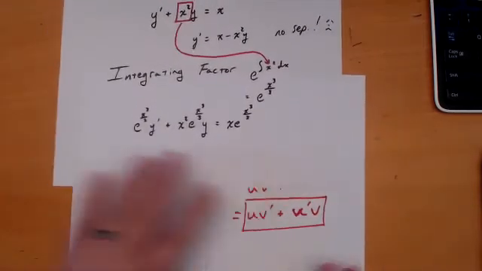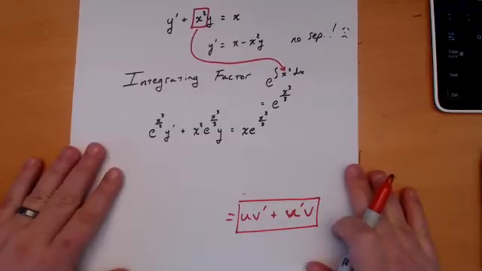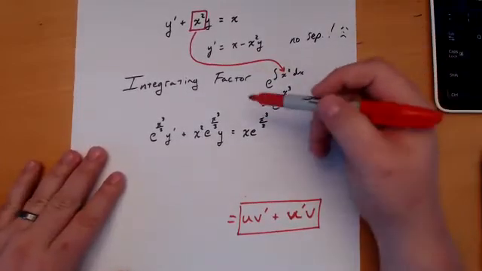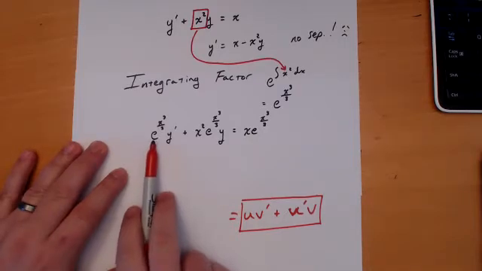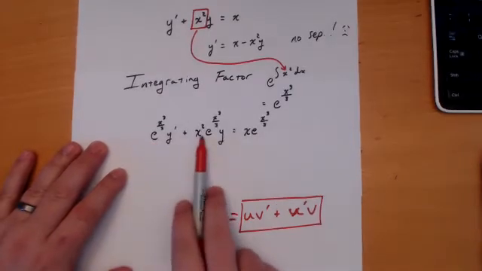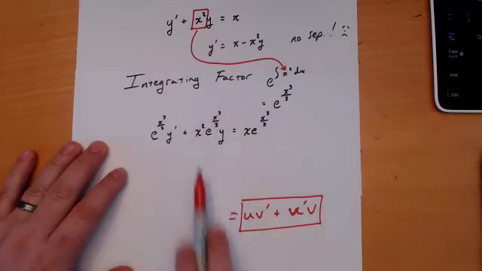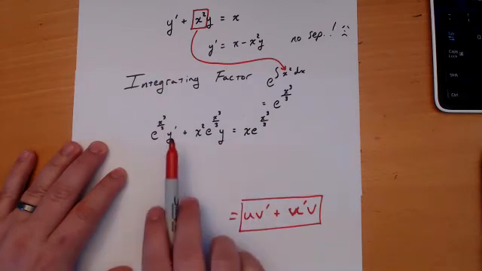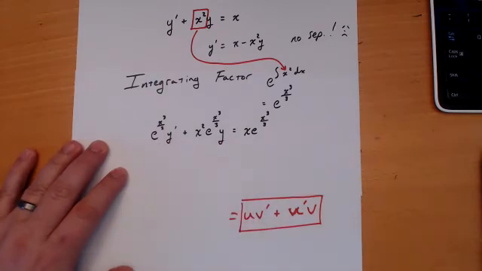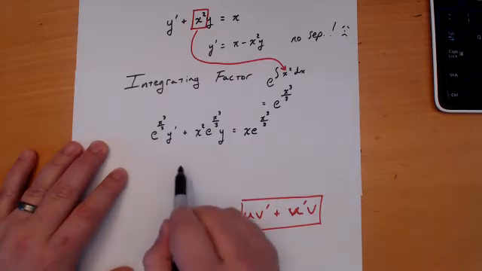So if we look at that, and we look at this very, very carefully, notice I have a thing, and I have the derivative of that thing, so u and u prime, a v and a v prime. And what this really is, is this.